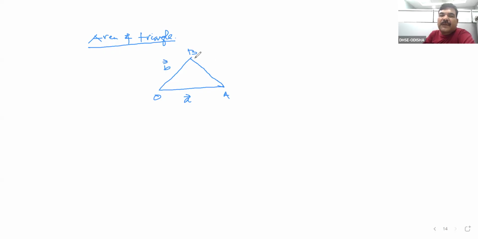So area of triangle OAB is half of the area of the parallelogram OACB.